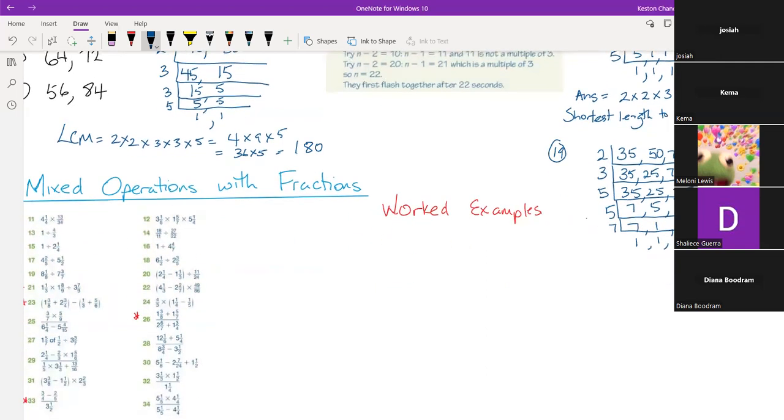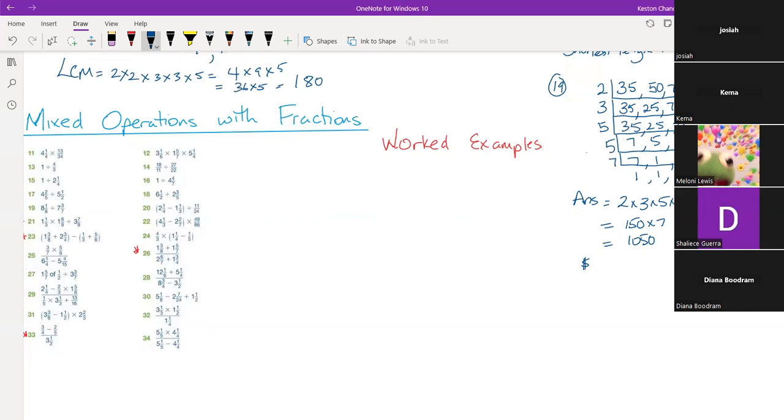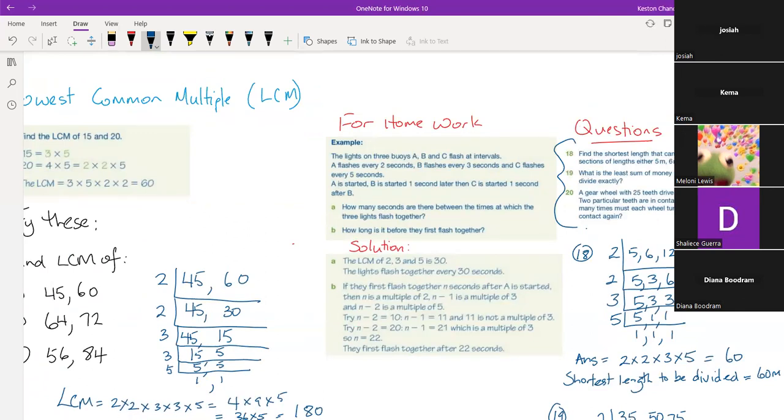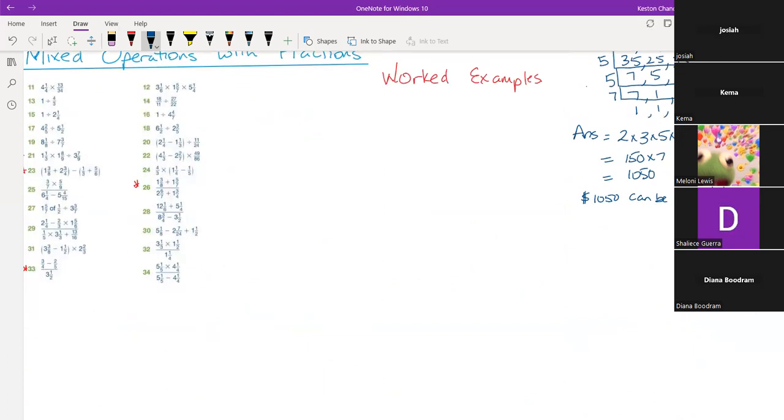So our answer is 2 by 3 by 5 by 5 by 7. 6 by 5 is 30, 30 by 5 is 150, 150 by 7 is 1050... Right, so this is the sum of money that can be divided between $35, $50, and $75.